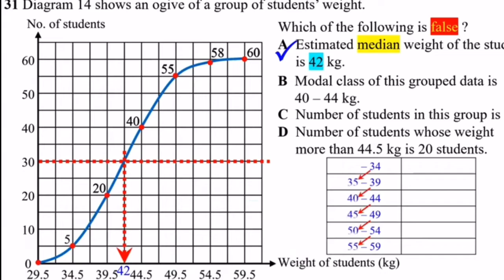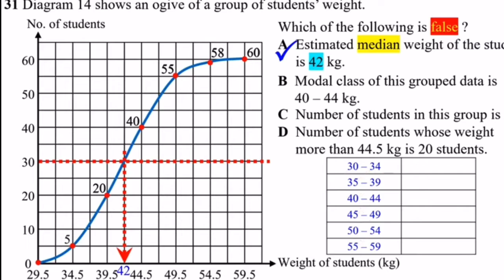Then we fill up the lower limit, 35, followed by 40, 45, 50 and 55. So the first one should be 35 minus 5, 30, right? Understand? That is how you convert the lower and upper limits into class intervals.